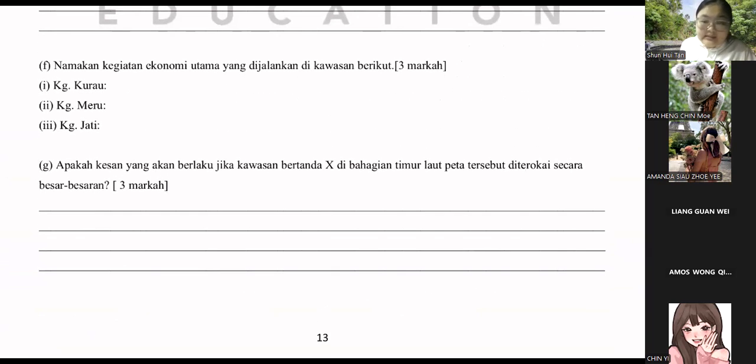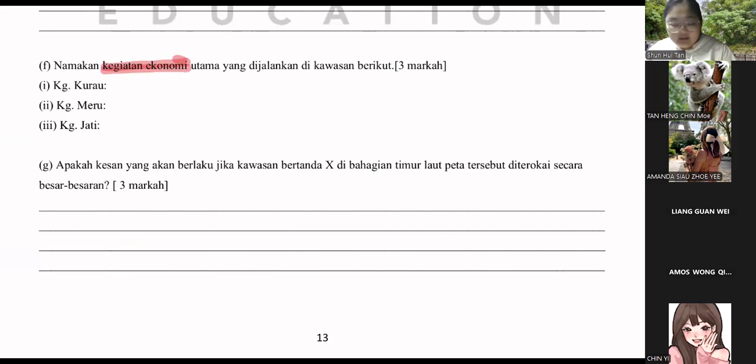Okay, here. There is a very other question, which is a bit not in your syllabus, but let me just show you in case your teacher asks. Namakan kegiatan ekonomi. What is kegiatan? Kegiatan means activity.